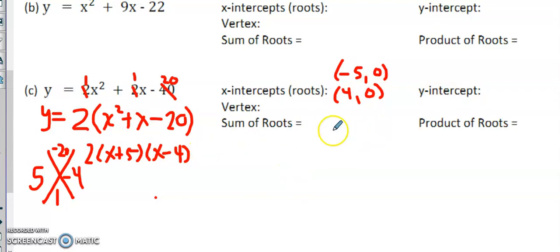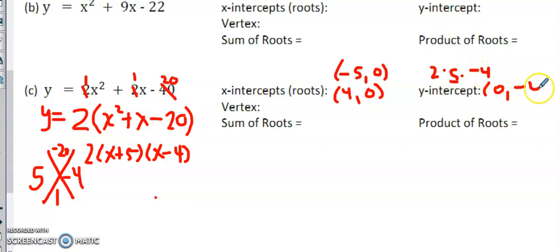The y-intercept, if I let x be 0, basically my number is going to be 0, and this is going to be 5, and this is going to be negative 4. So it's going to be 2 times 5 times negative 4. But I let x be 0. So it's 2 times 5 times negative 4.